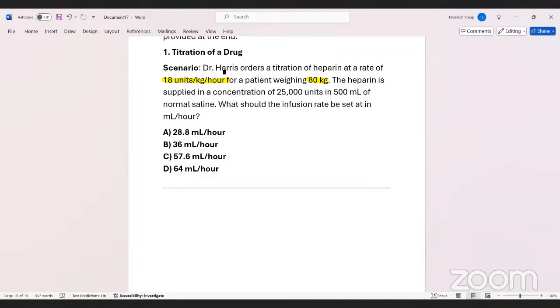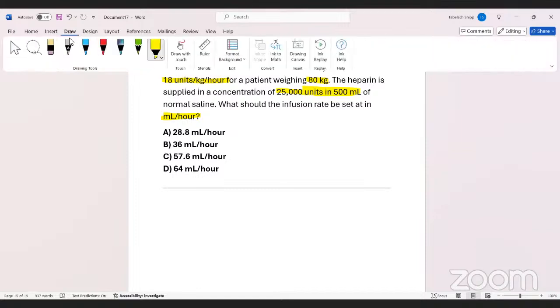The heparin is supplied in a concentration of 25,000 units and 500 milliliters. What should the infusion rate be set in milliliters per hour? Okay. So some of y'all were saying A, some of y'all were saying B. Let's make sure we got this correct.